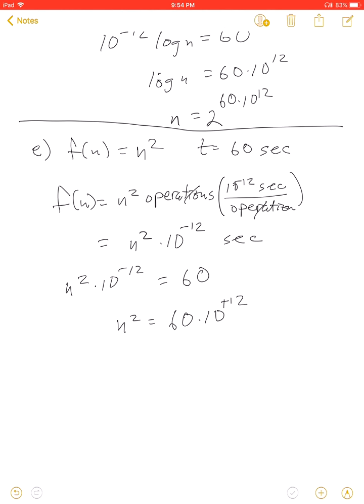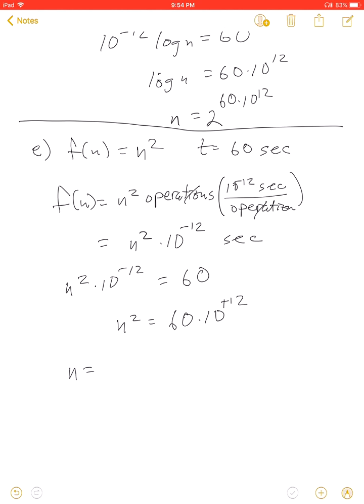And since this is likely to have a fraction, we'll take the floor function because you can't have a fractional number of integers in a problem size. And if you go above, then it'll go more than 60 seconds.